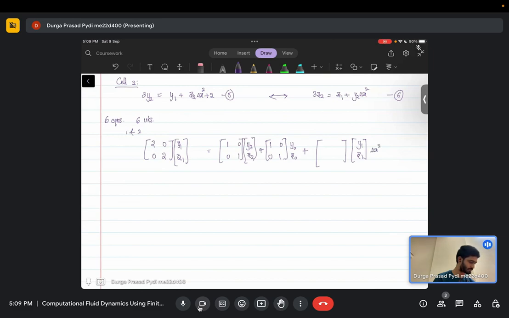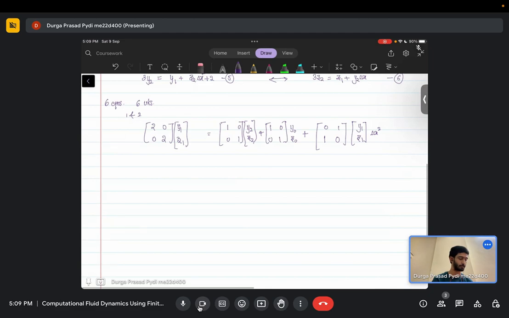The first one has a contribution from z1, the second one has a contribution from y1. So I can write it in this particular way. If you expand only the first row, we get the same equations back: 2y1 equals y2 plus y0 plus z1 delta x square.